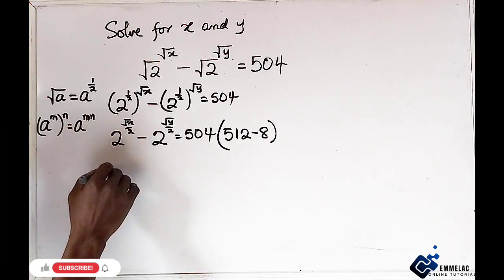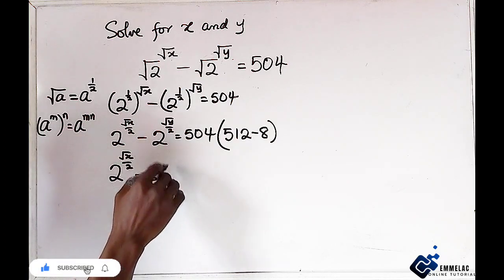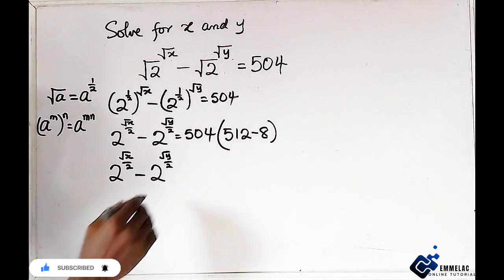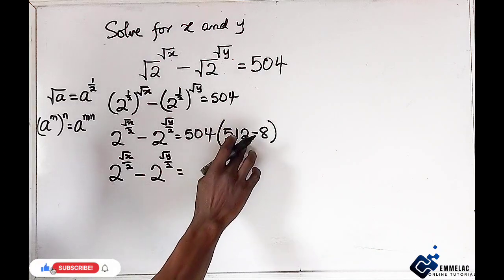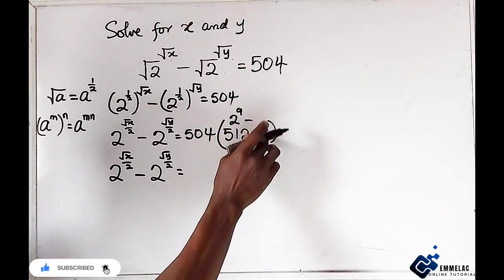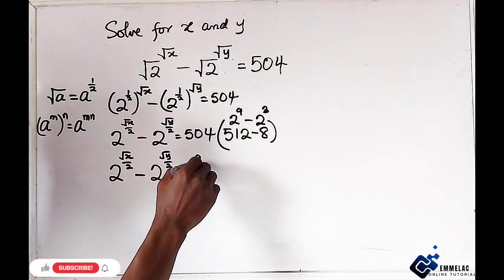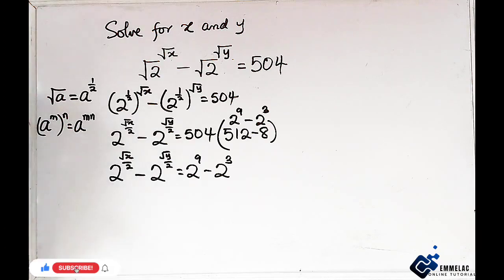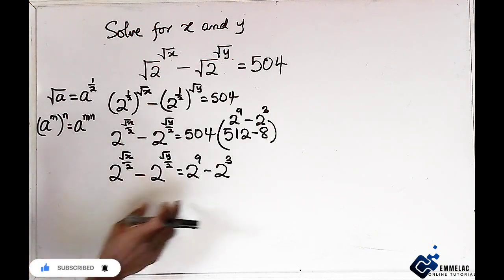So here we have 2 raised to the power of the square root of x all over 2, then minus 2 raised to the power of the square root of y all over 2, equals, to a base of 2, 2 raised to the power of 9 minus 2 raised to the power of 3.